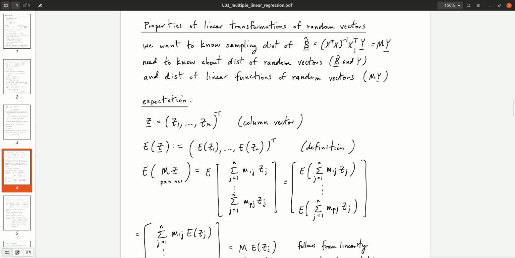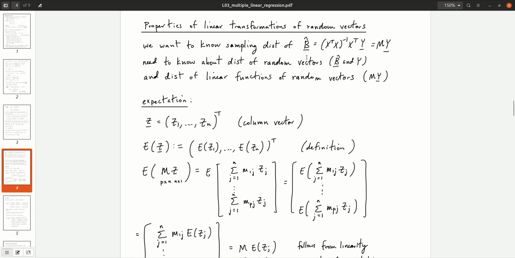So we can write big B hat, the random vector representing the distribution of the regression estimates, as X transpose X inverse X transpose uppercase vector Y. Just like before, we can think of this as some matrix times the vector Y. I'm going to call that matrix M.